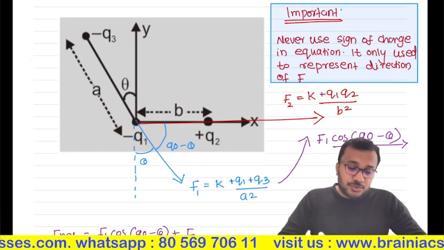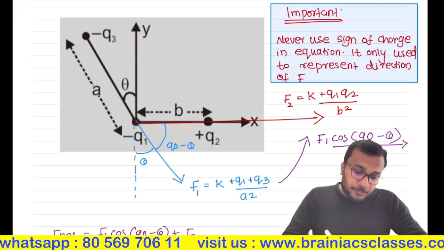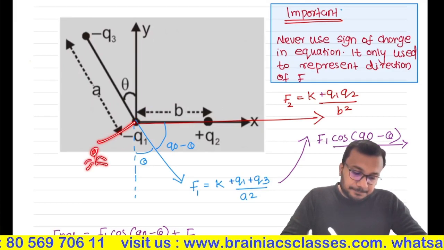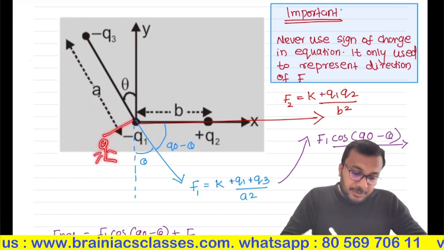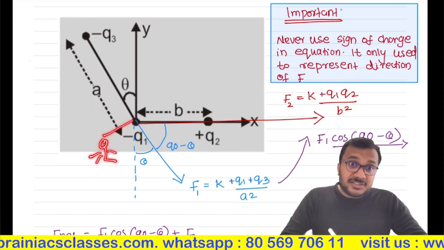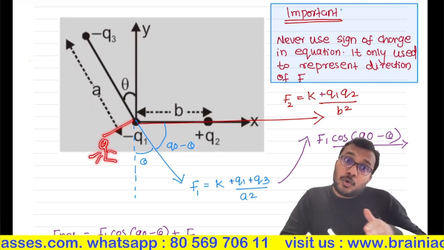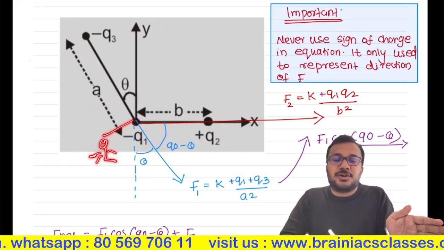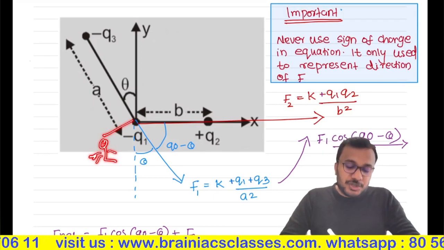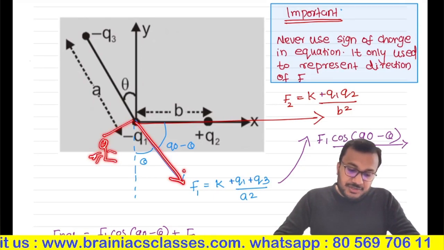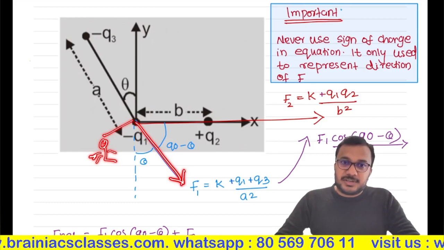Force on Q1 means you are standing here. Once you are standing here, look at what happens to you. Because of minus Q3, you cannot go towards minus Q3. You will be pushed by minus Q3 in this direction. So what is the force?